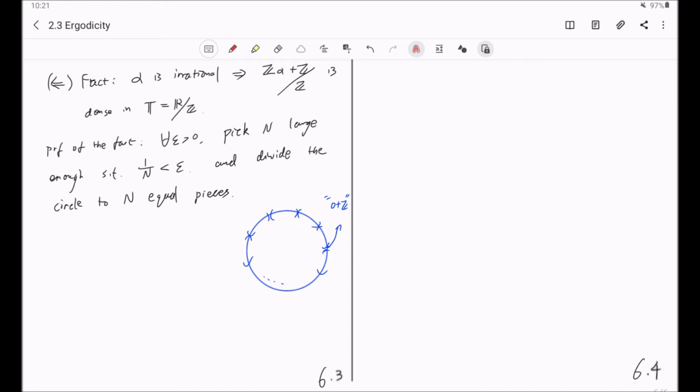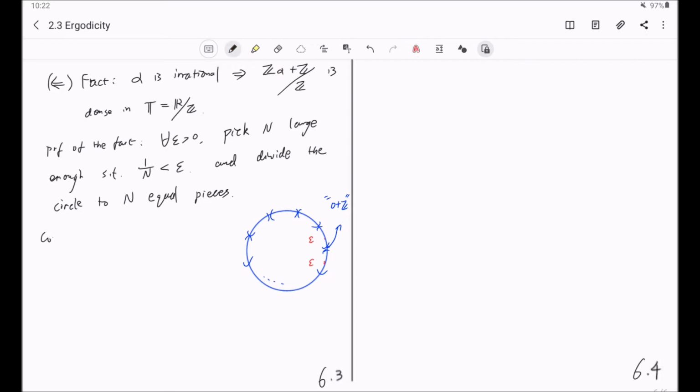And our first step will be to try to approximate 0 plus Z on this circle. Namely, we want to find an integer in this arc or this arc. They are both of length epsilon. So we want to find a point here or here, a point that can be expressed as some integer multiple of alpha plus some integer.